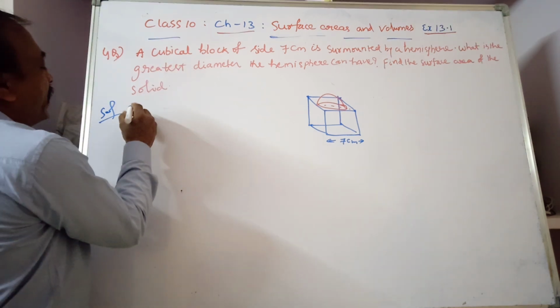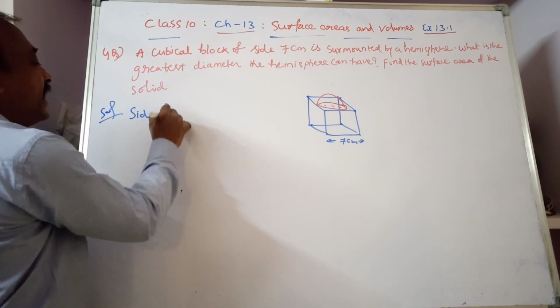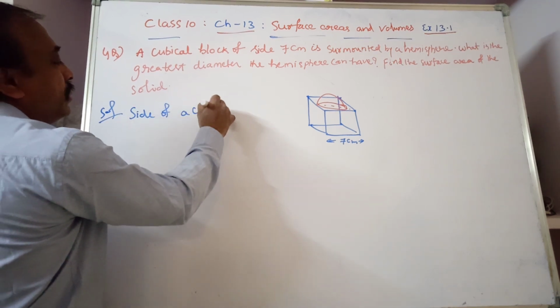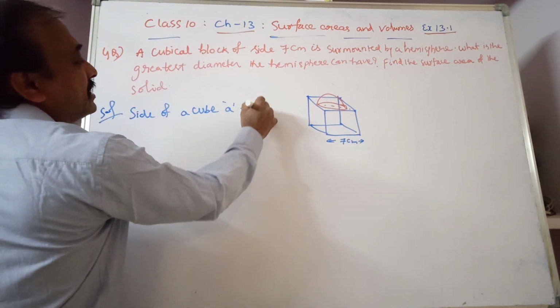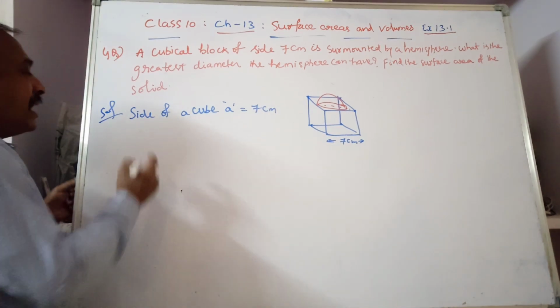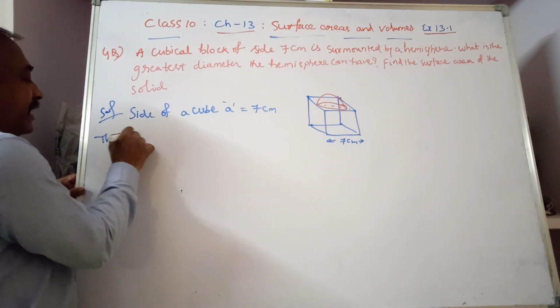So the side of the cube, a, is equal to 7 centimeter.